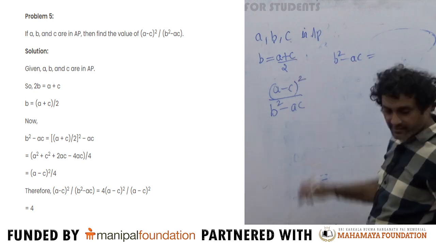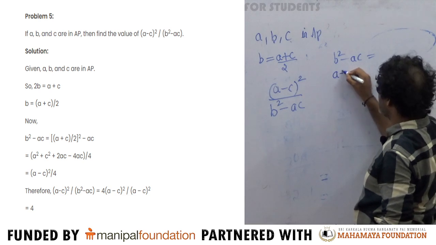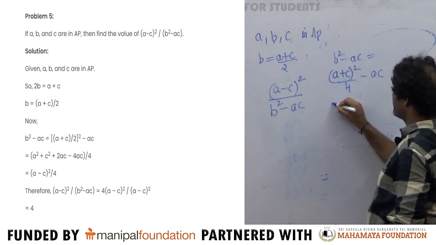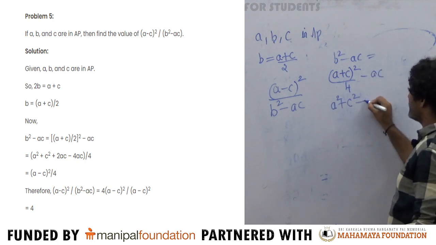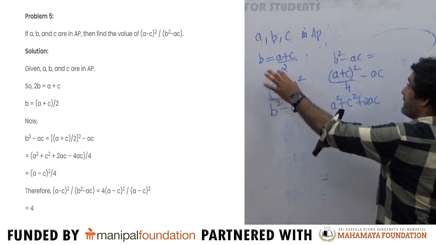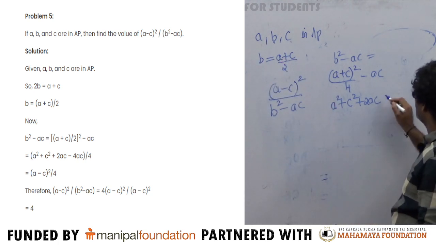Who is B square? Isn't it this guy square, right? Isn't it (A plus C) the whole square divided by 4 minus AC? Expand: A square plus C square plus 2AC. See, what we got is somewhat coming. I knew that A and C can come only from B, right? That's why we kept it ready like that.